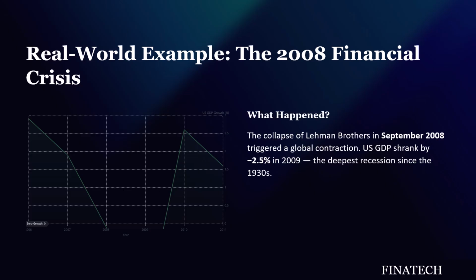The collapse of Lehman Brothers in September 2008 triggered a global contraction. US GDP shrunk by minus 2.5% in 2009, the deepest recession since the 1930s.